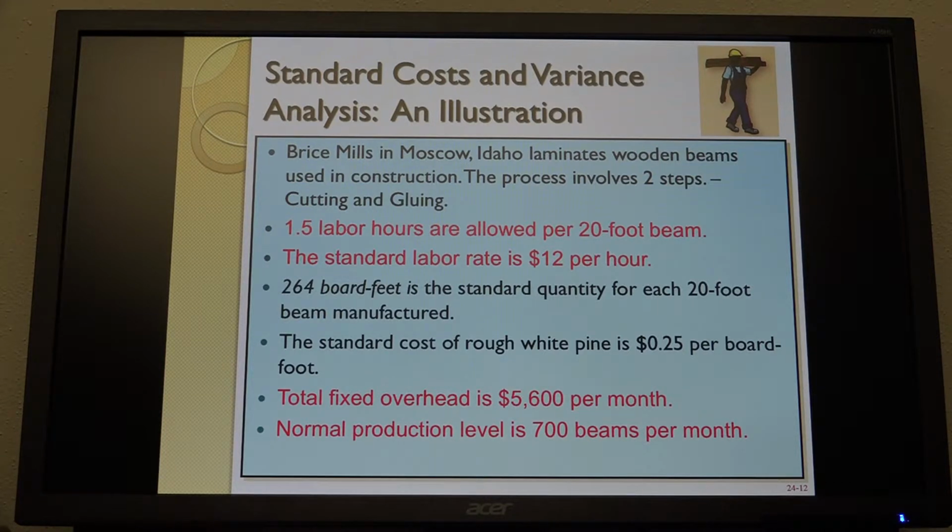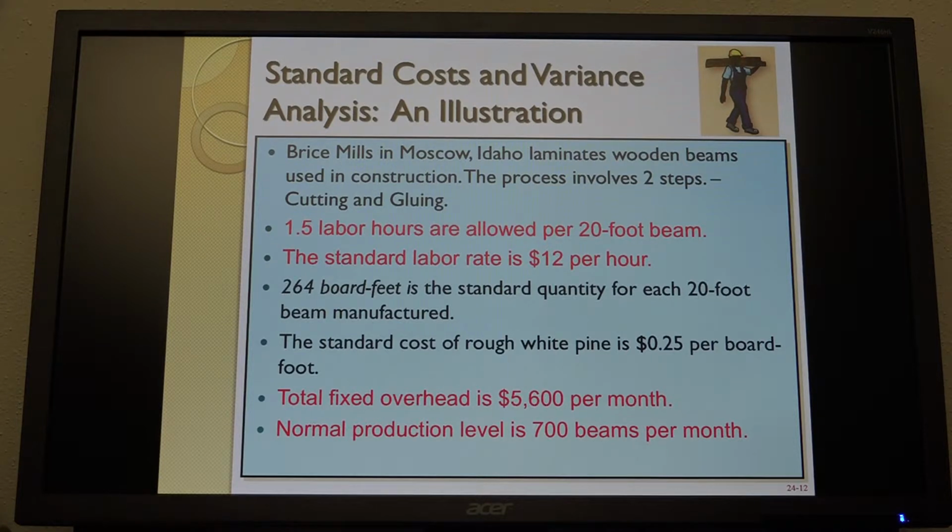Might it take longer? Well, yeah, it might, but that's the standard amount of time they have determined to make such a beam. The standard labor rate is $12 per hour. 264 board feet is the standard quantity for each 20-foot beam manufactured.